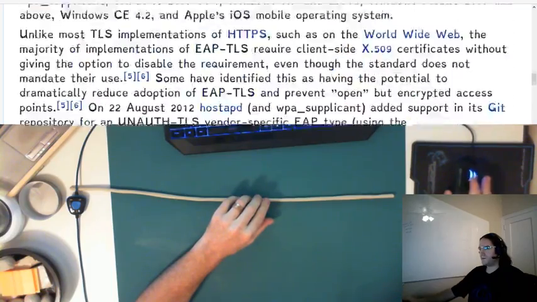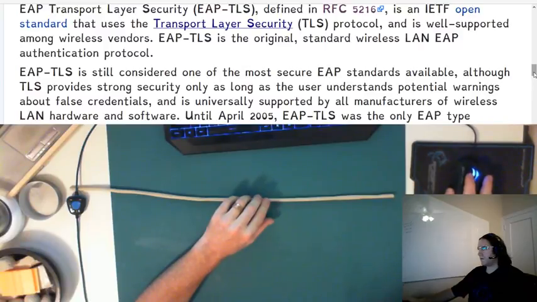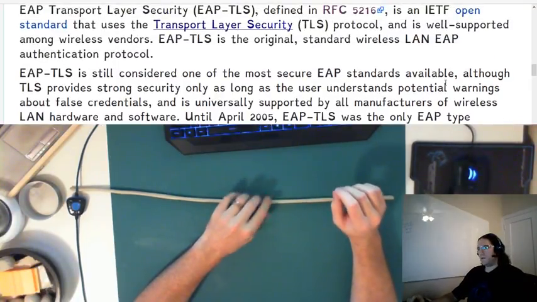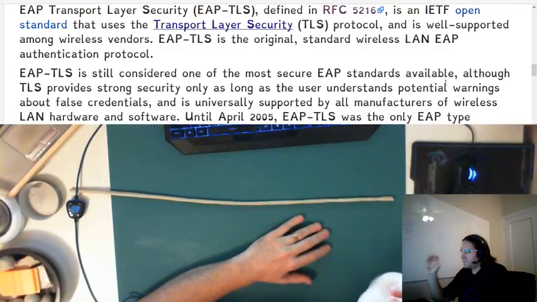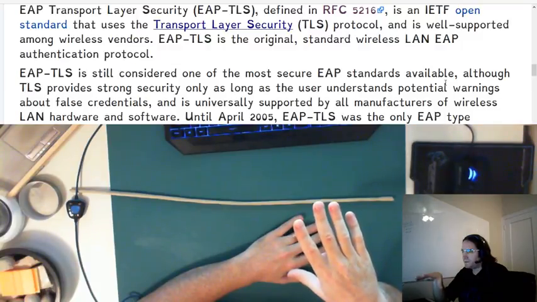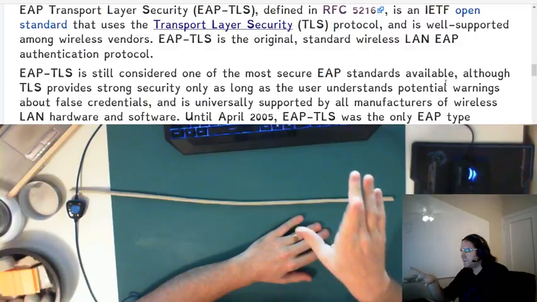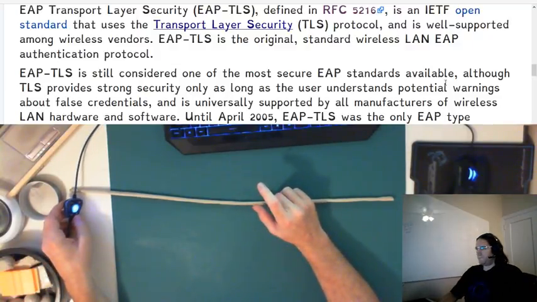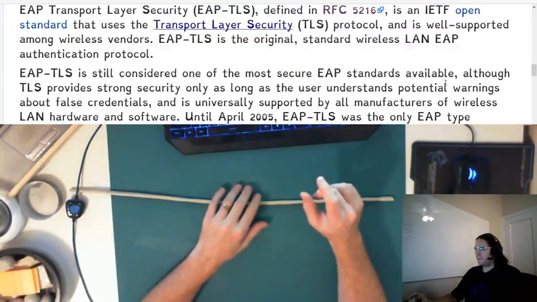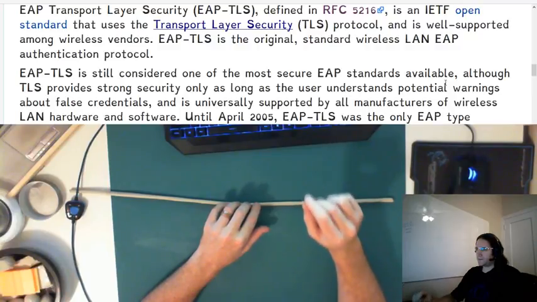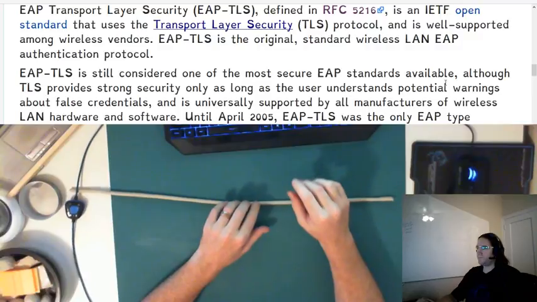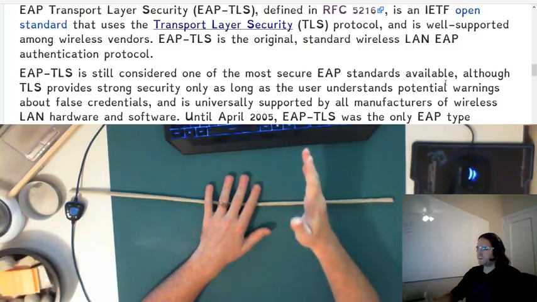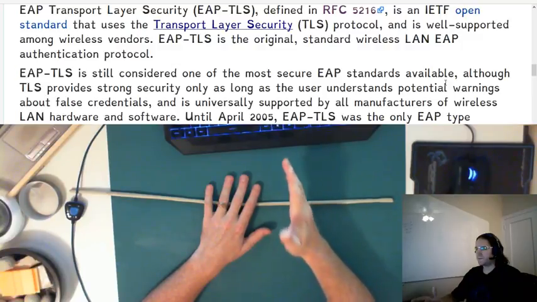How much more? I got three paragraphs. EAP-TLS is still considered one of the most secure EAP standards available, although TLS provides strong security only as long as the user understands potential warnings about false credentials.